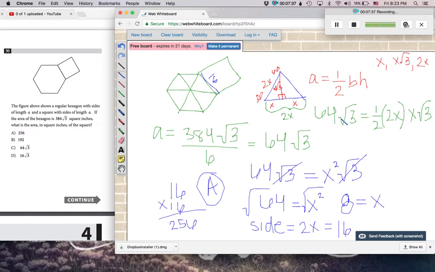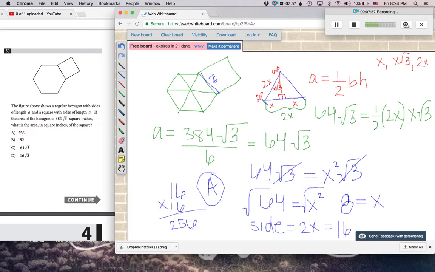All right, so we say 64 square roots of 3 is equal to 1/2 times the base times the height. Then we had to have base and height information about this triangle. We knew by drawing down the middle right here, we can make a 30, 60, 90 triangle if we split this equilateral triangle in half.